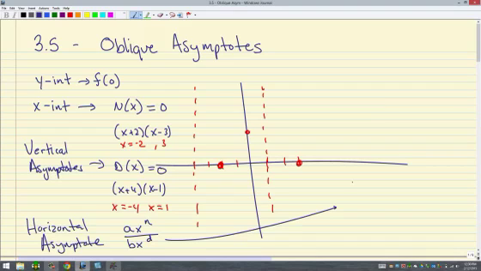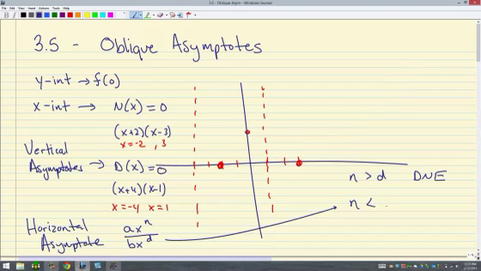So we wrote something like this: if n was greater than d, then there was no horizontal asymptote. It didn't exist because the graph took off and went to infinity. It kind of went like that. So there was no horizontal asymptote.